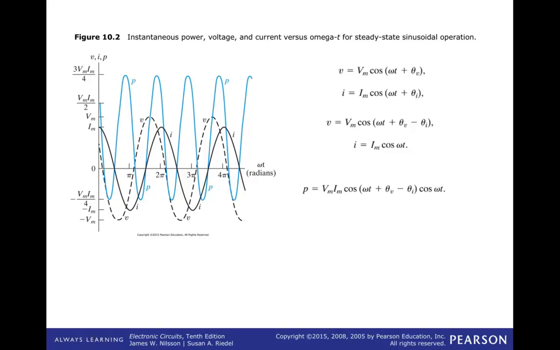Now, we're going to go through some trigonometric identities because you're not so concerned about the phase of the voltage as you are the difference in phase between the voltage and the current. Why is that? Well, if you have a load that is purely real, it won't change the phase angle between the current and the voltage because there would be no j omega terms in the impedance Z.